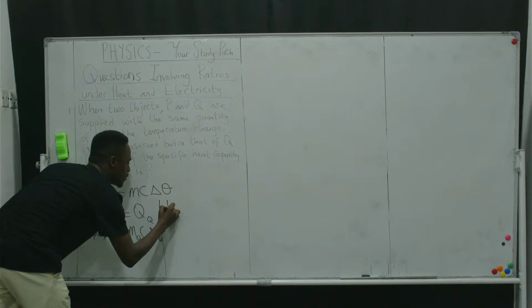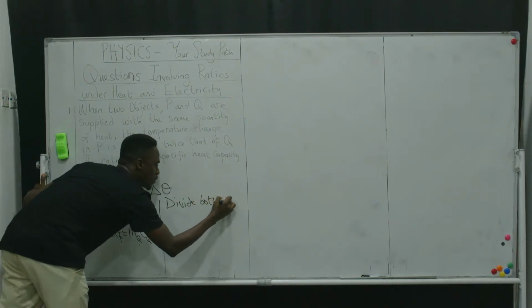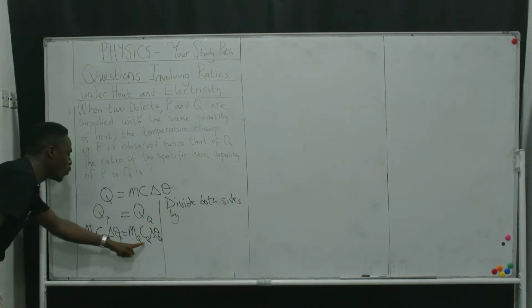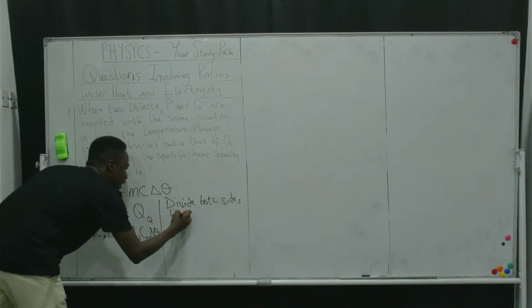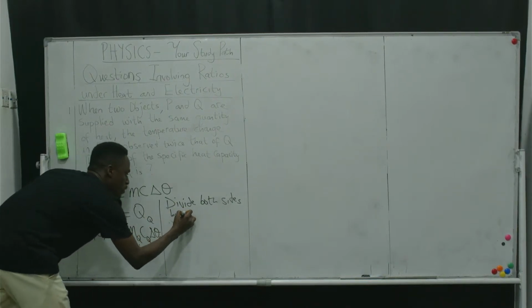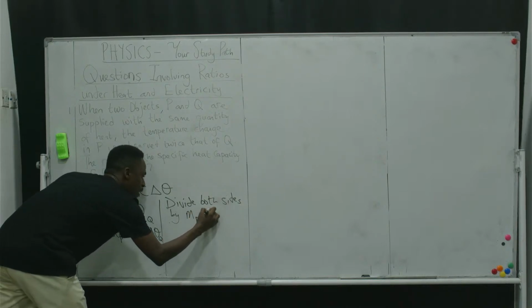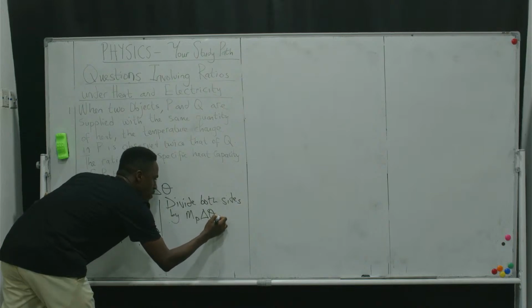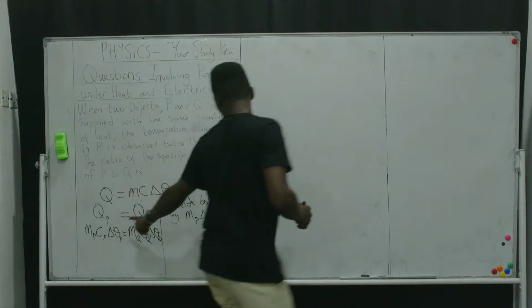Divide both sides by, I want my Q out of the way, so I'll be dividing both sides by MP, change in theta P, and CQ. Let's do that first.